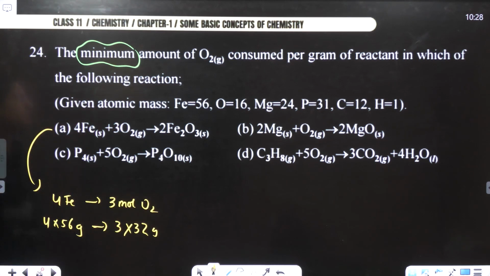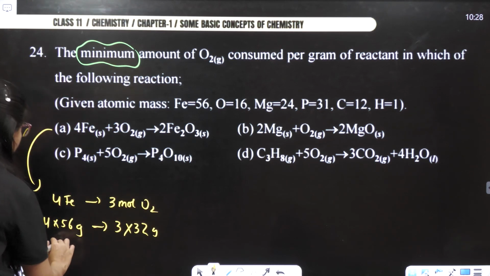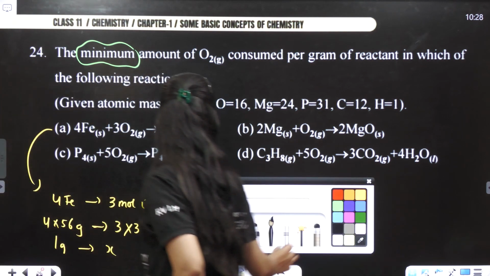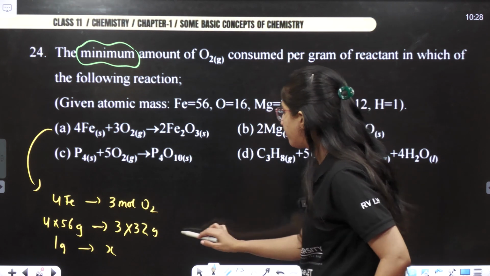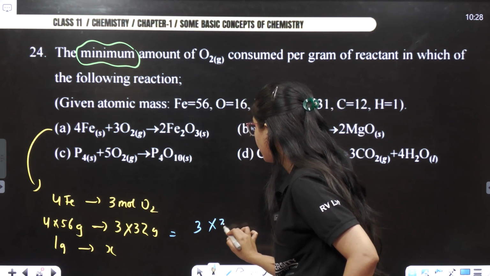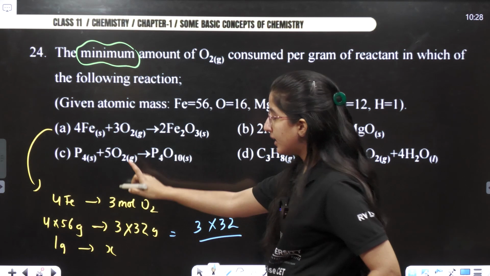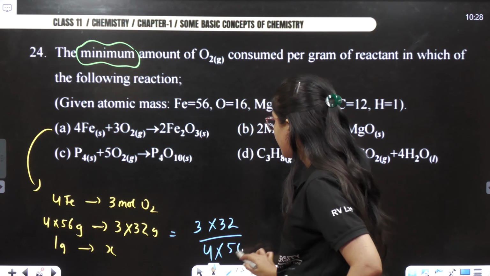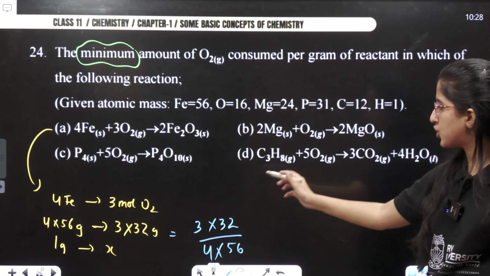So they have asked the minimum oxygen consumed per gram of reactant. So for 1 gram, how much will it be? Here the least ratio you can find will be 3 into 32 grams of oxygen required divided by how many grams of iron you have taken. So for every case, if you do this ratio you will be getting the answer.